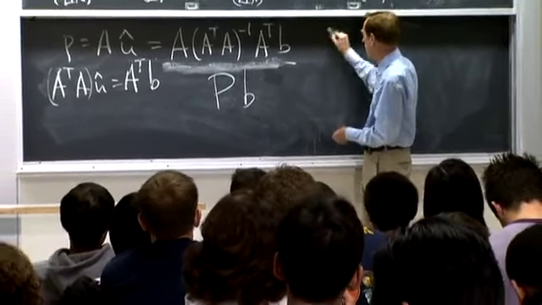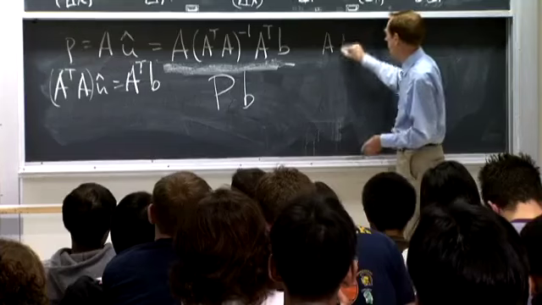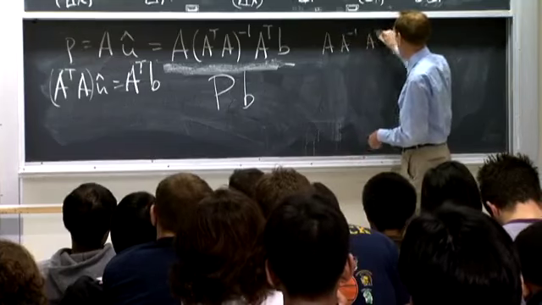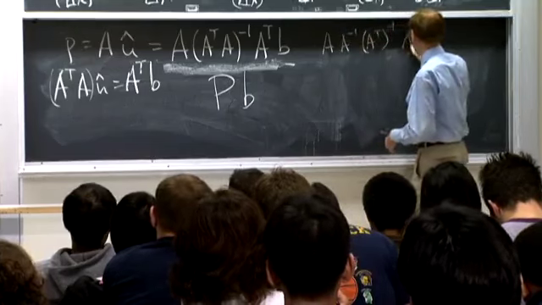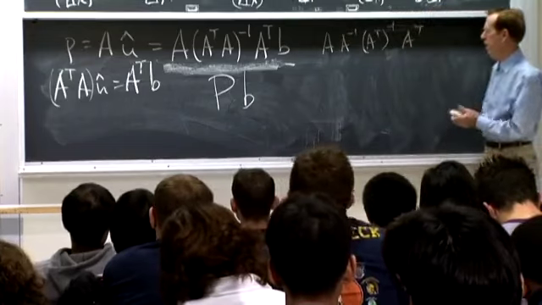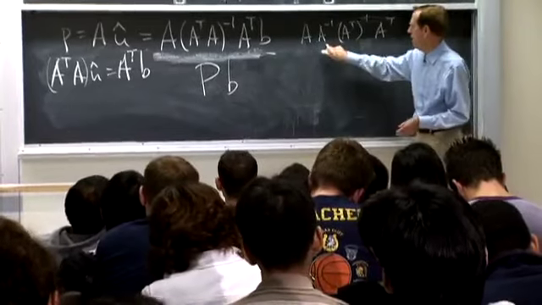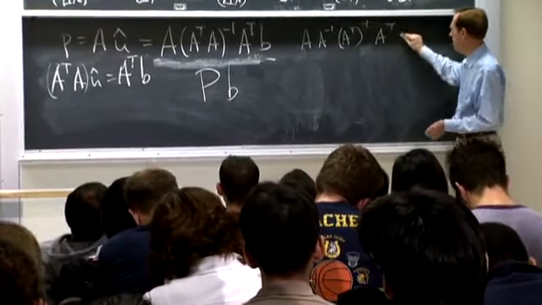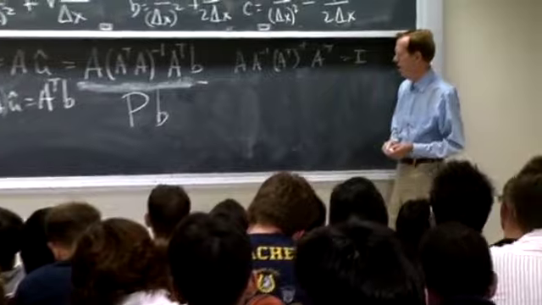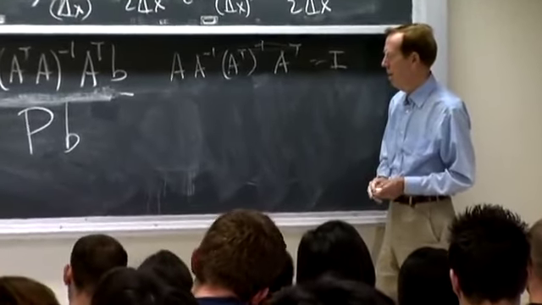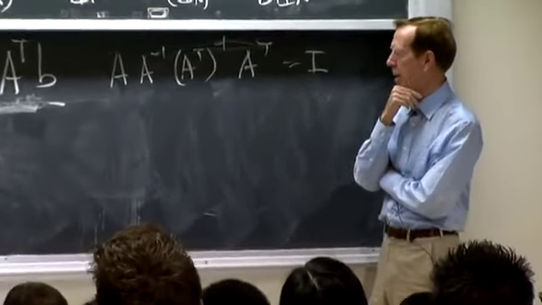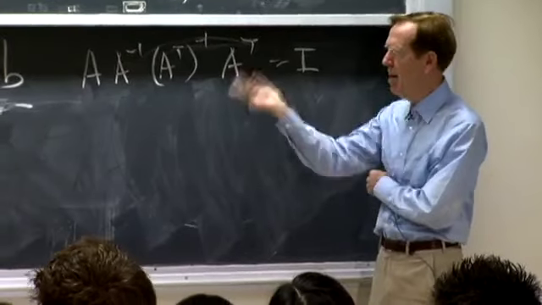Do you see it? I'll get A, and if I try to split this into that, what do I have here? I've got the identity. That's the identity. That's the identity. The result is the identity. That doesn't look good, right? P is not the same as B.